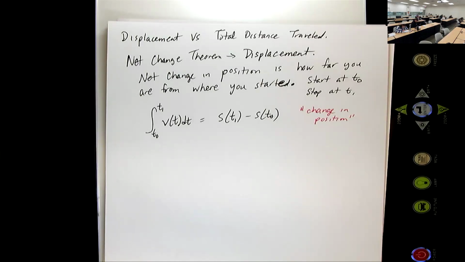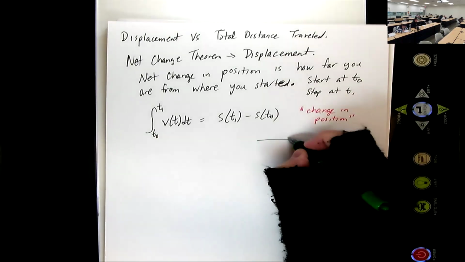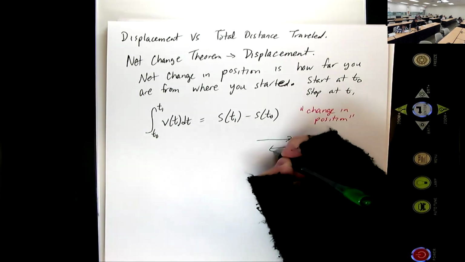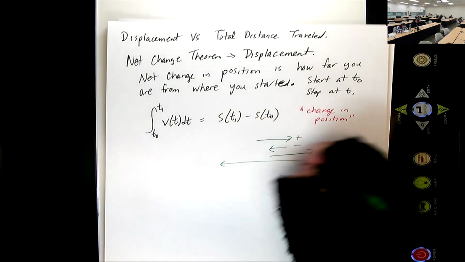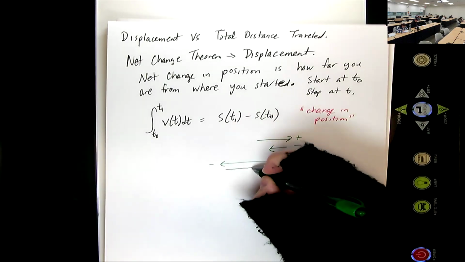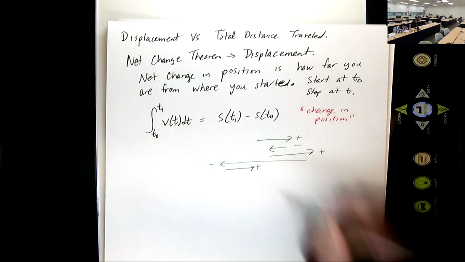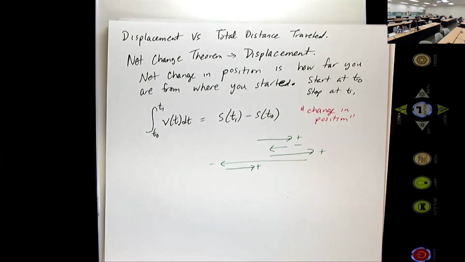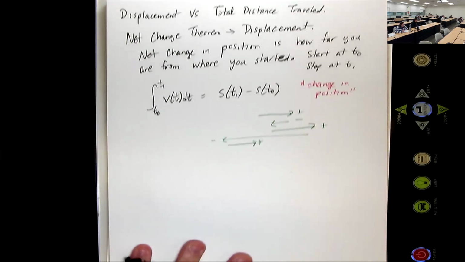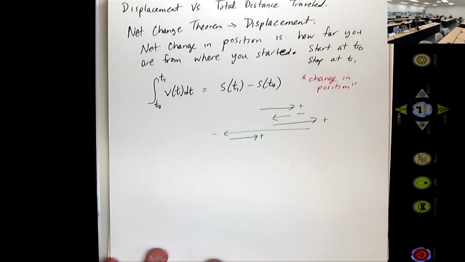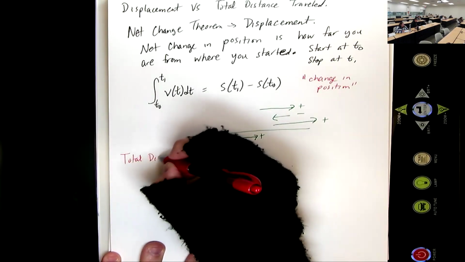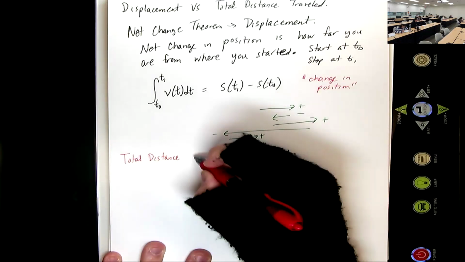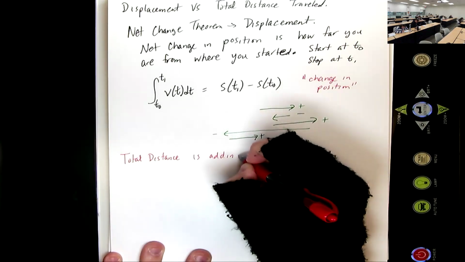Now, this could have some positive motion and some negative motion. So that's positive, that's negative. I could go like this, then I could come way back over here, have some negative motion, and I could be right back to where I started. So the way we can find total distance is adding up these displacements.